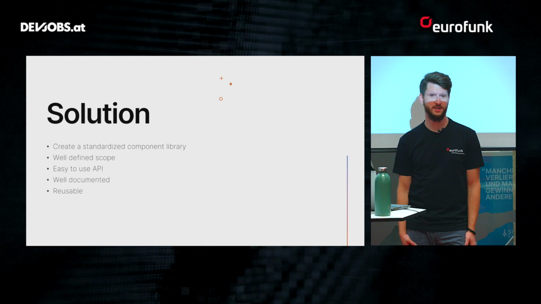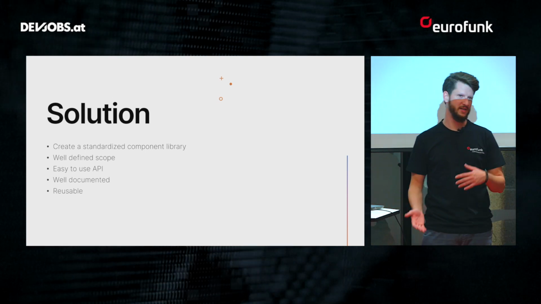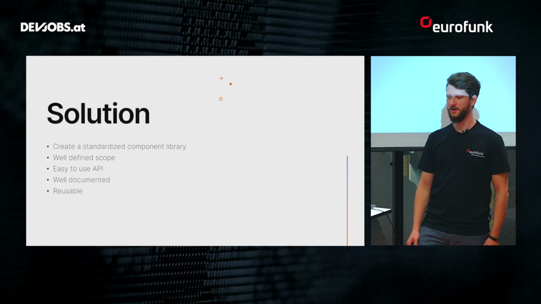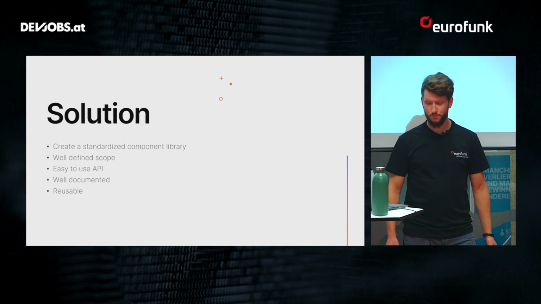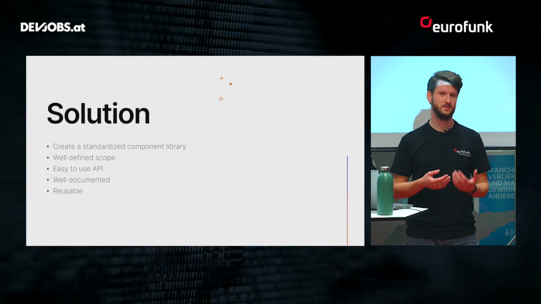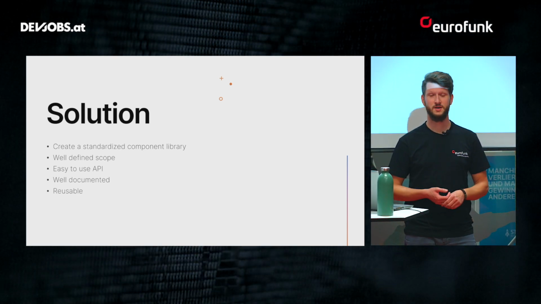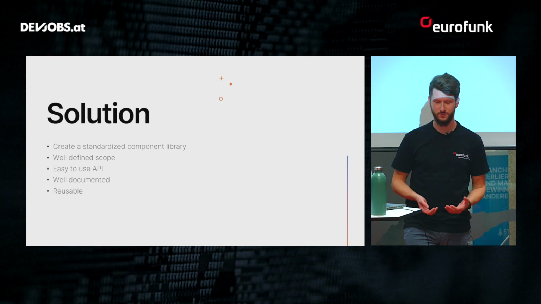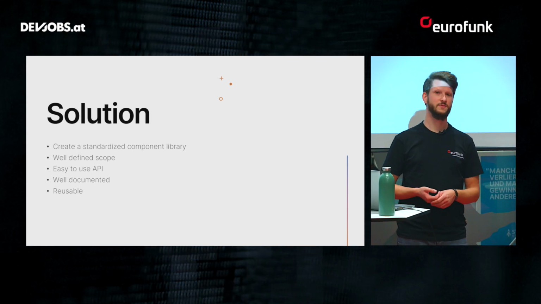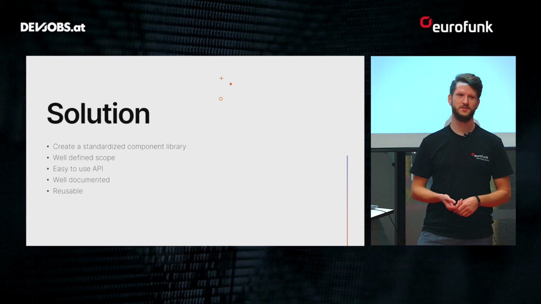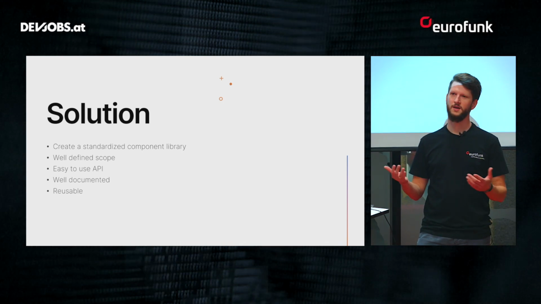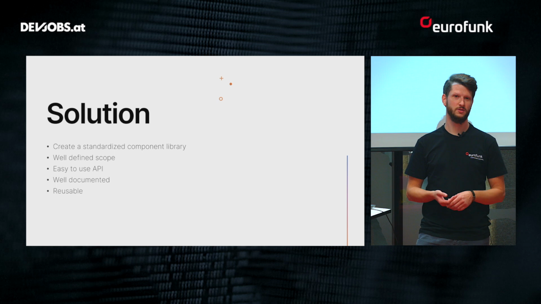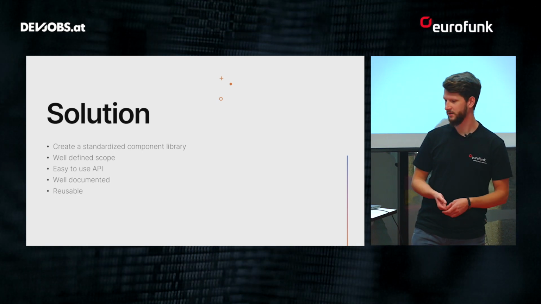We wanted to create a standardized component, like many other companies do. We want to have a well-defined scope. We want this scope to be easy to use with an API which everybody is able to understand. It should be well documented and, of course, reusable over potentially multiple products.